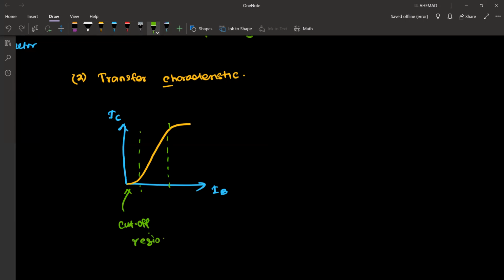And this region we call the active region. And beyond this dotted line, we call this region the saturation region.